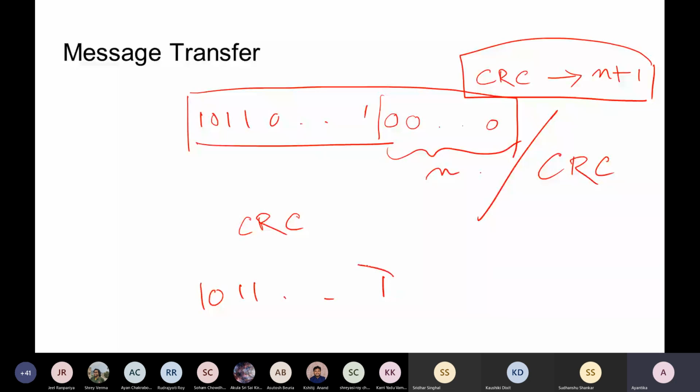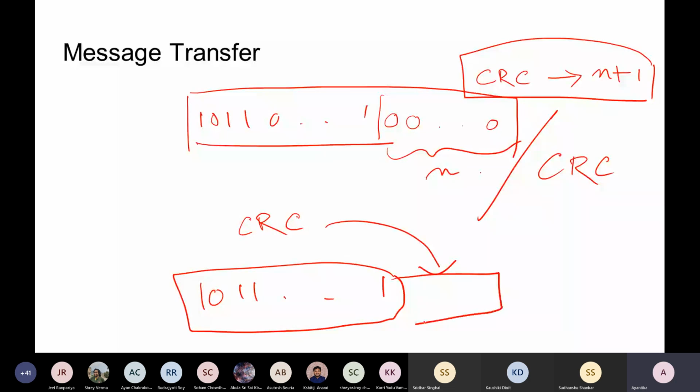You divide by the CRC polynomial, and you add this CRC value to your actual data frame. Together, the sender sends this to the receiver.